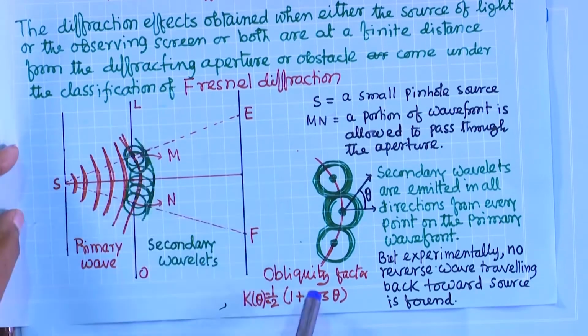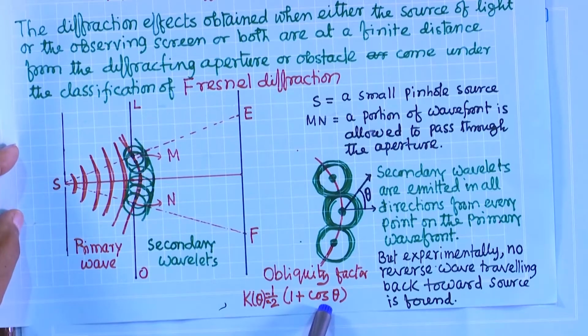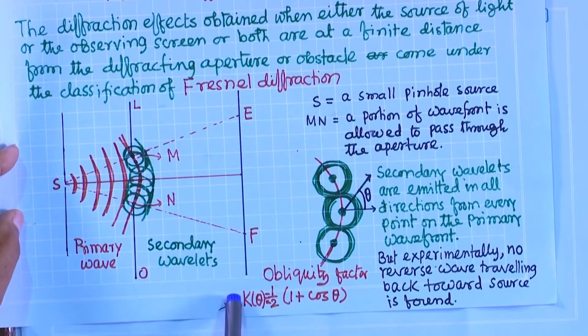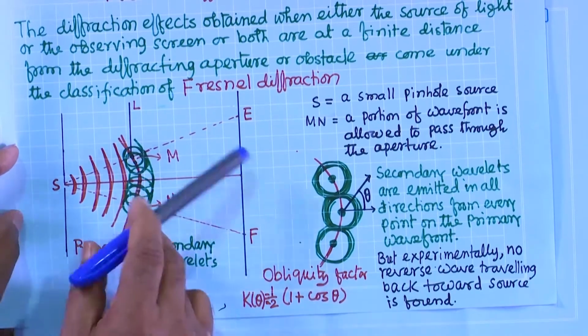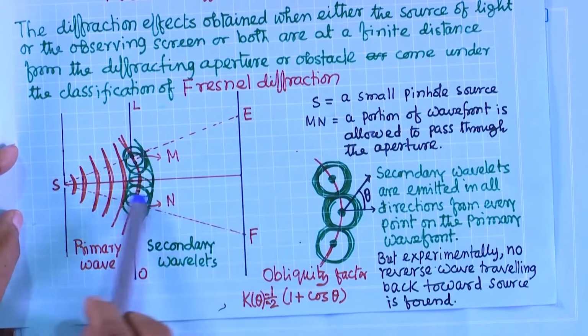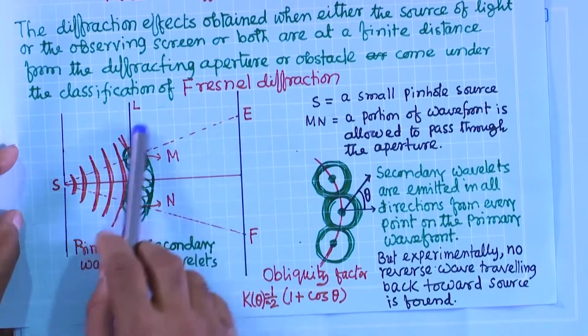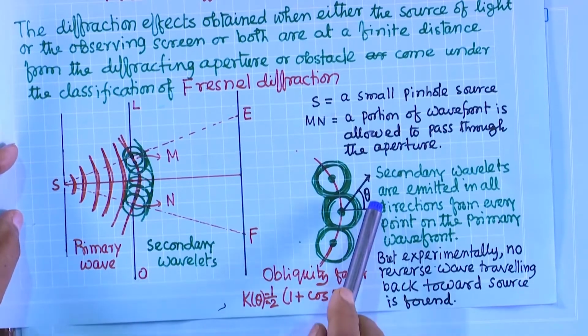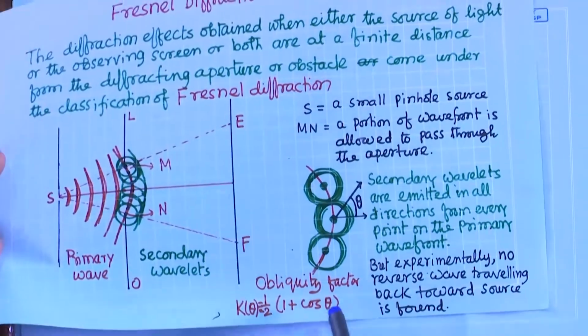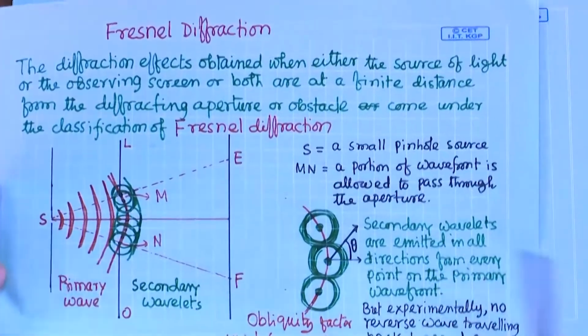So this side the amplitude will be half of that. This obliquity factor is multiplied with the amplitude, and that is why the amplitude will not be the same in all directions. It will depend on theta. That is the obliquity factor that was taken into account.